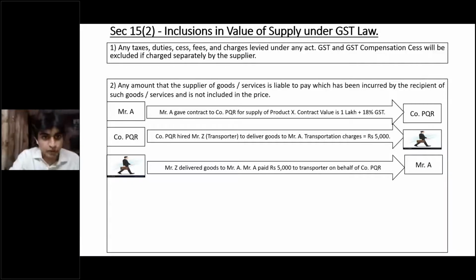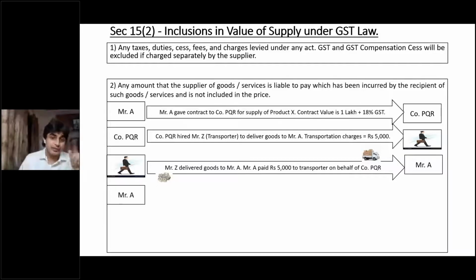Whose expense was this transportation cost of 5,000? Company PQR का. But Mr. A ने pay कर दिया 5,000 on behalf of company PQR, on behalf of the supplier.